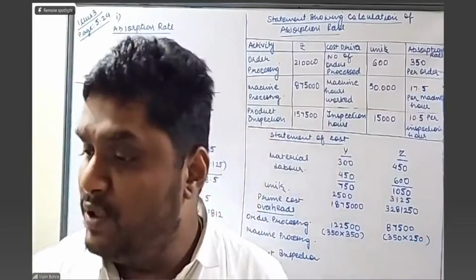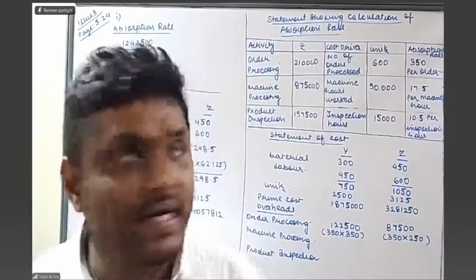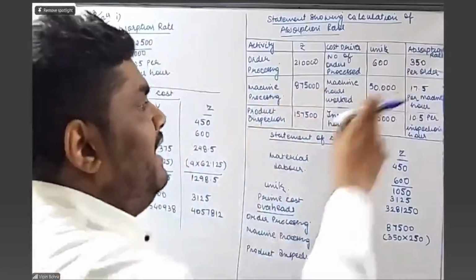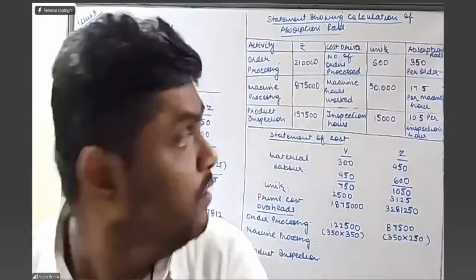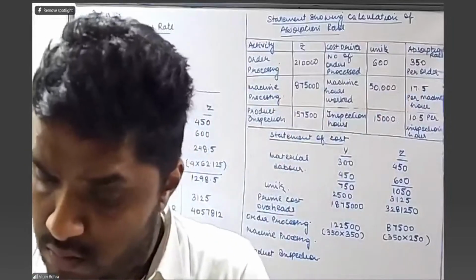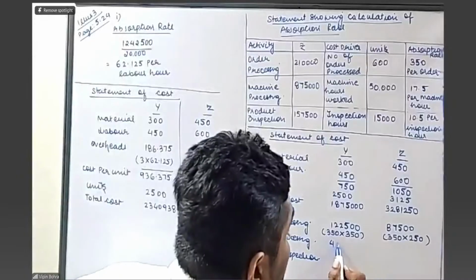Similarly, for machine processing, machine hours worked are given. That is 23,000 and 27,000, and the rate is 17.5 per machine hour. So 4,02,500.